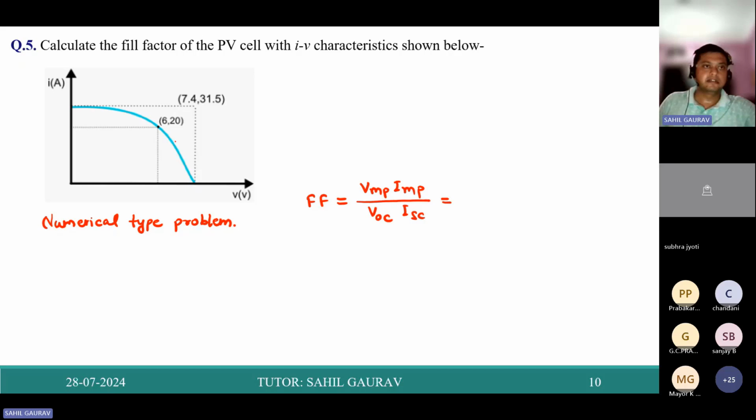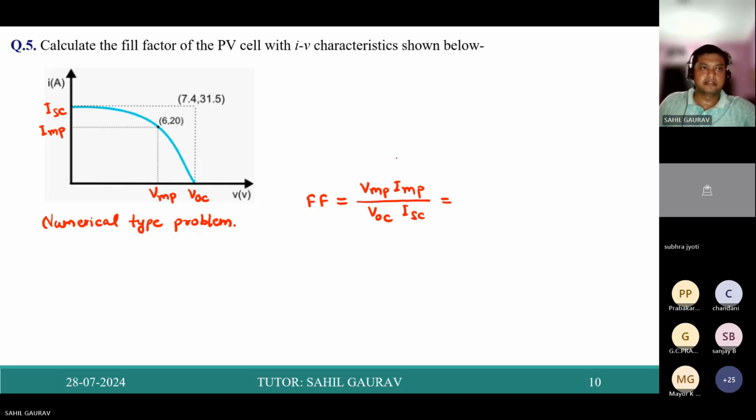From this figure, we can see that VOC is this point, short circuit current is this point, and the maximum power point is this one, and this is the maximum power point voltage.